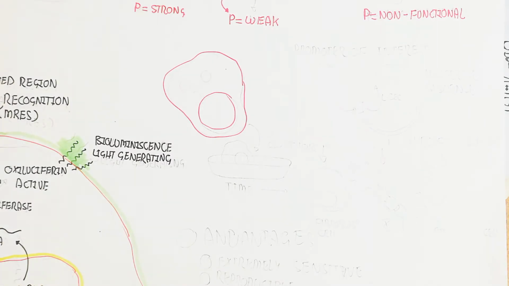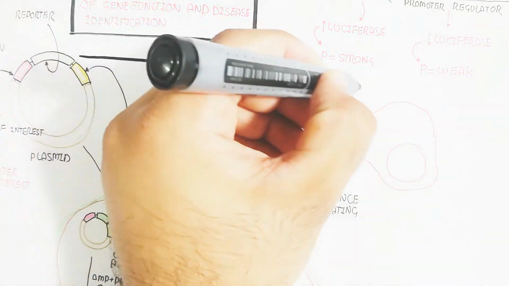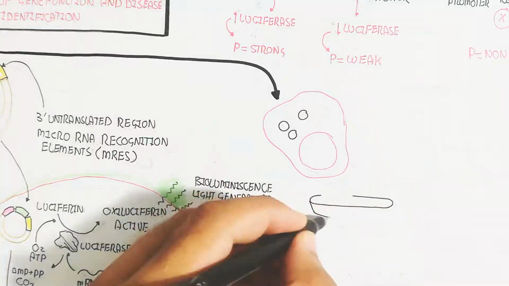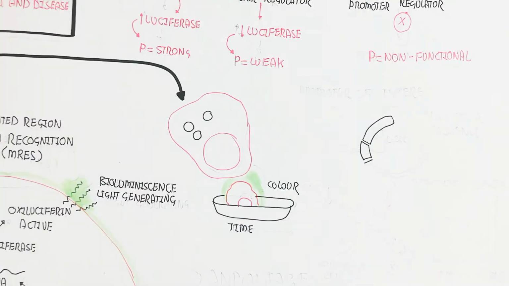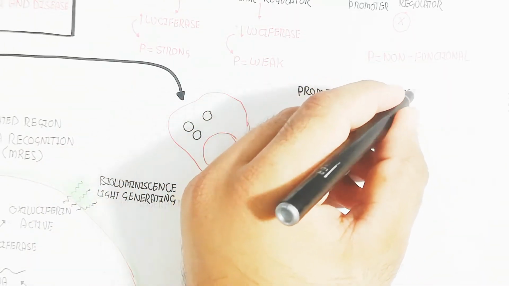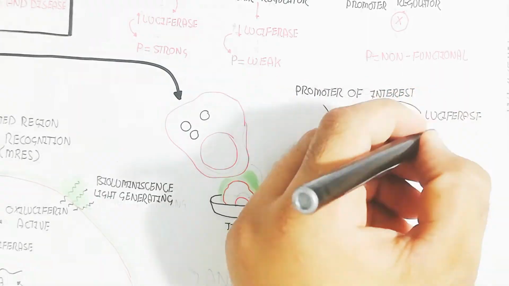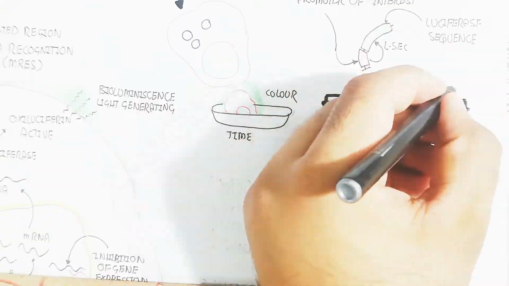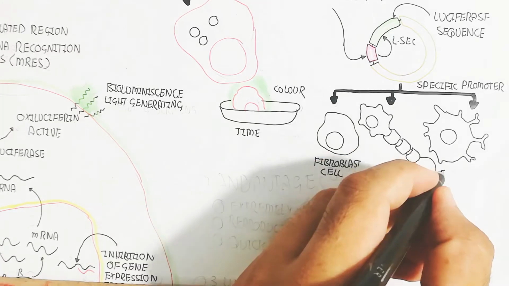So we can take a promoter of interest to understand whether the promoter is functional or non-functional in the human cell, for understanding cancer cell proliferation or other oncogene activation. So this is oncogene promoter checking.